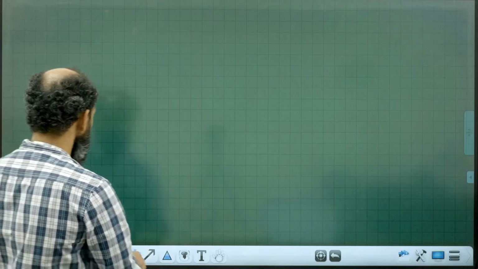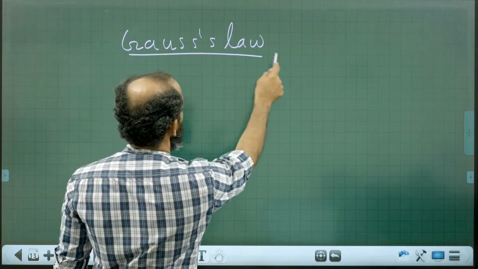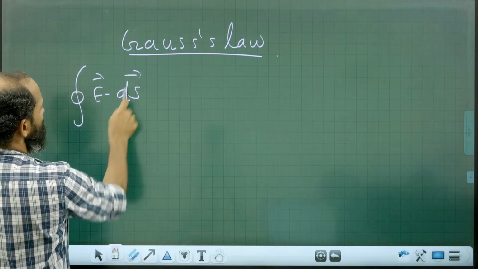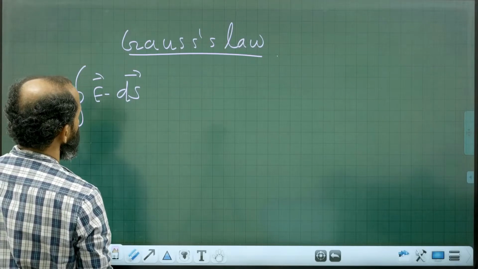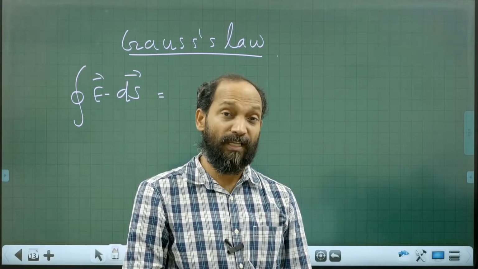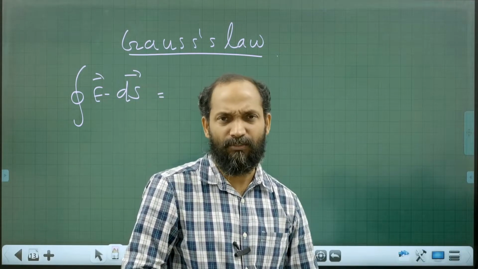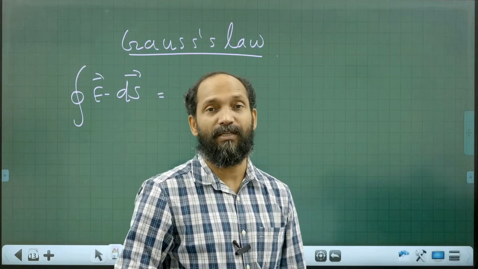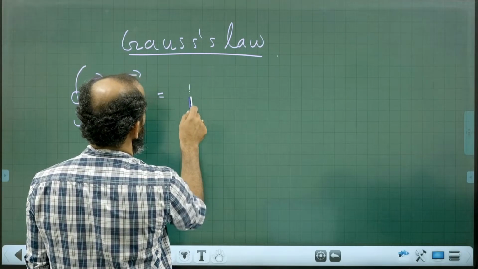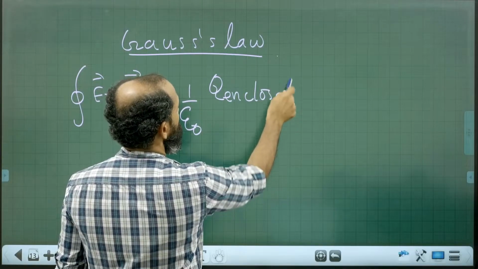Gauss's law makes use of this. Gauss's law states that the total electric flux, closed integral E dot ds, through any closed surface, the net of outward and inward electric fluxes, can be easily measured by 1 by epsilon 0 times the total charge enclosed inside that closed surface.